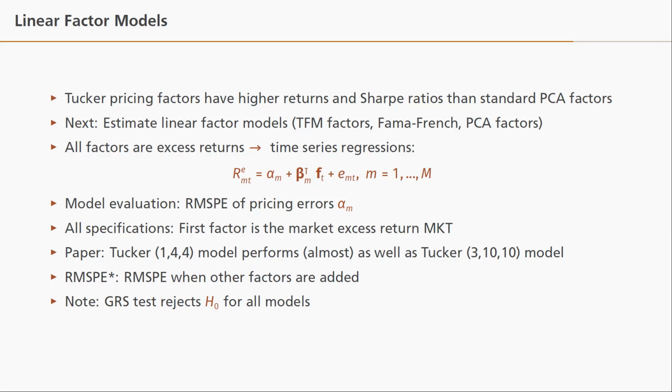Okay, and alpha m is of course the pricing error, and I include the market in all specifications. So that addresses your comment. I could also first regress the returns on the market and take the residuals. Instead, I just include the market in all of the specifications. Okay. So f is always the first factor, and that is always the market, and then I add these other factors on top of that.